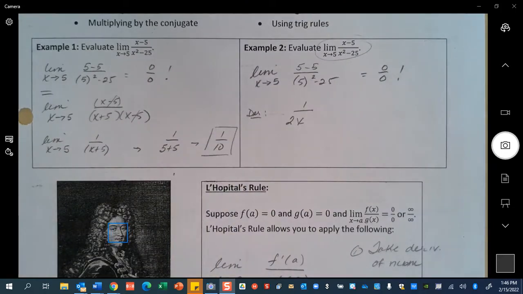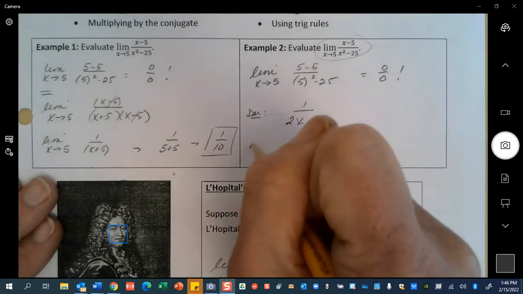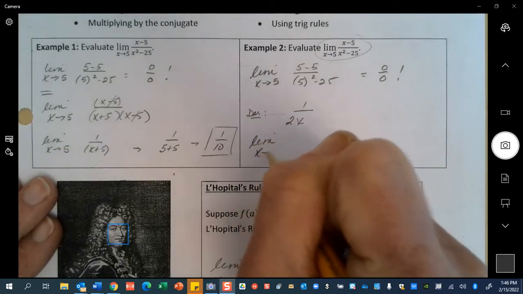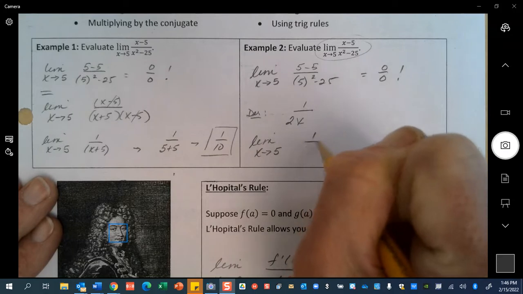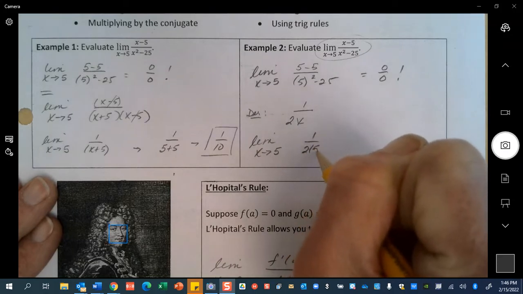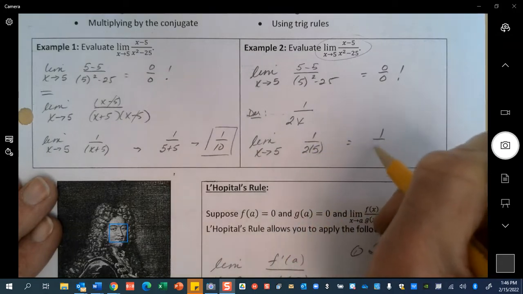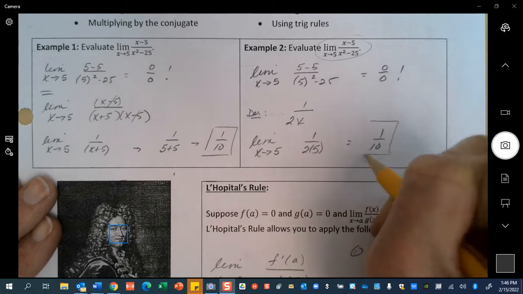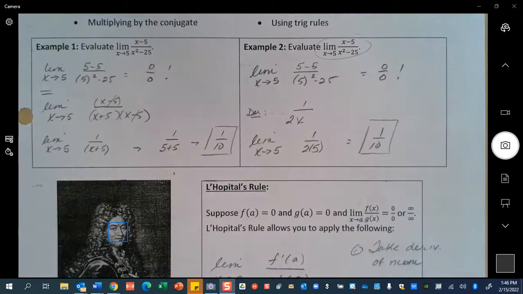So L'Hopital's rule tells us it's 1 over 2x. So then as I find the limit as x approaches 5, I'm going to plug in that 5. And it works every time.